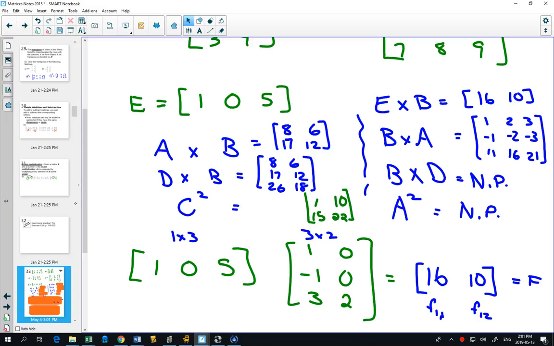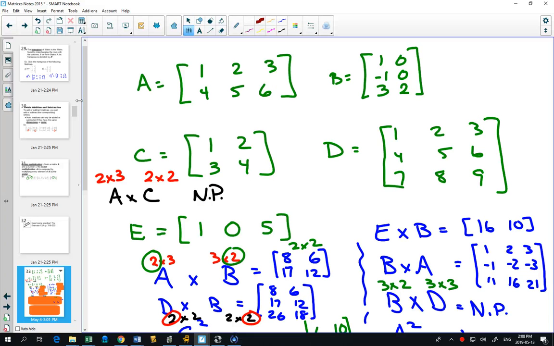How do we tell how big the answer is going to be? How do we tell whether it's possible or not? Write out the orders of other ones that worked and see if you can find a pattern. And then write out the orders of ones that didn't work and see what's different about them.